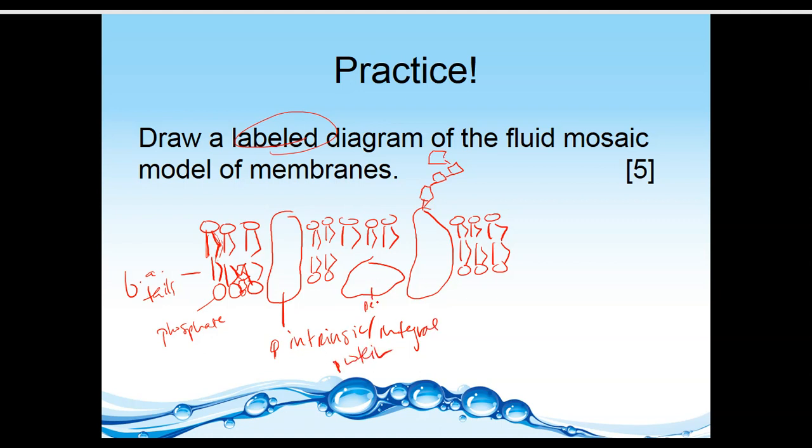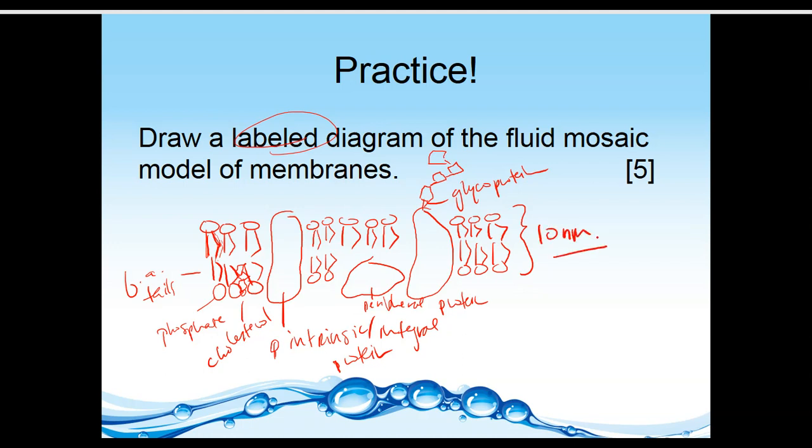Here we have a peripheral protein. Here we have a glycoprotein. Got our cholesterol. And then we can also always label the width of the membrane, just about 10 nanometers.